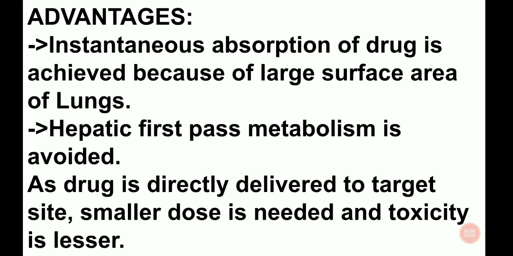Advantages are instantaneous absorption of drug is achieved because of the large surface area of lungs. Hepatic first pass metabolism is avoided. As the drug is directly delivered to the target site, smaller dose is needed and toxicity is very less, means poisoning is less.